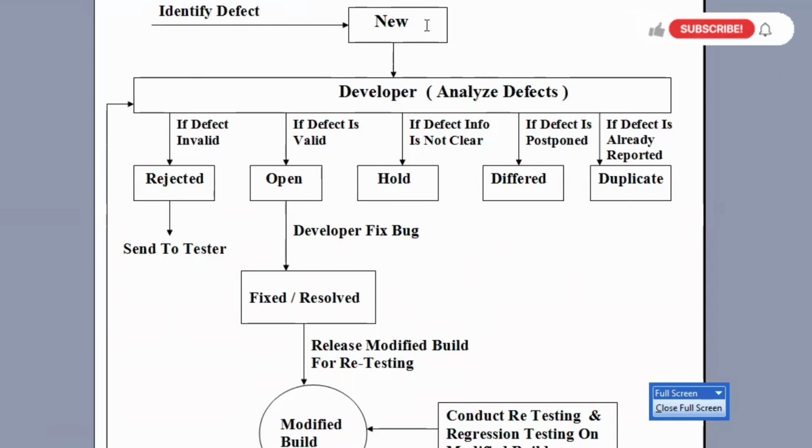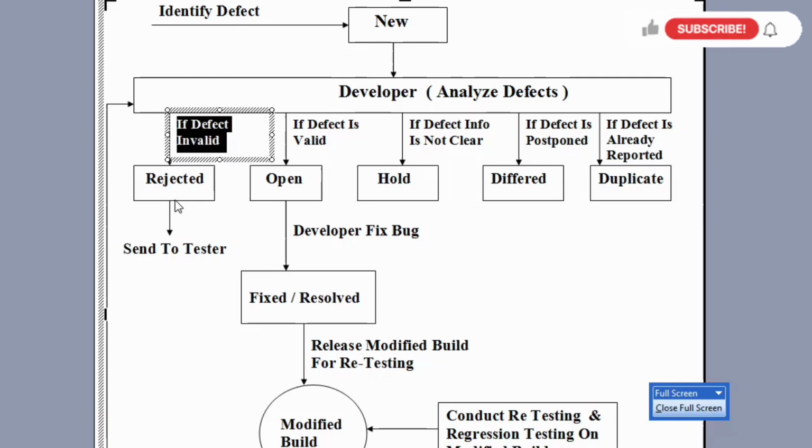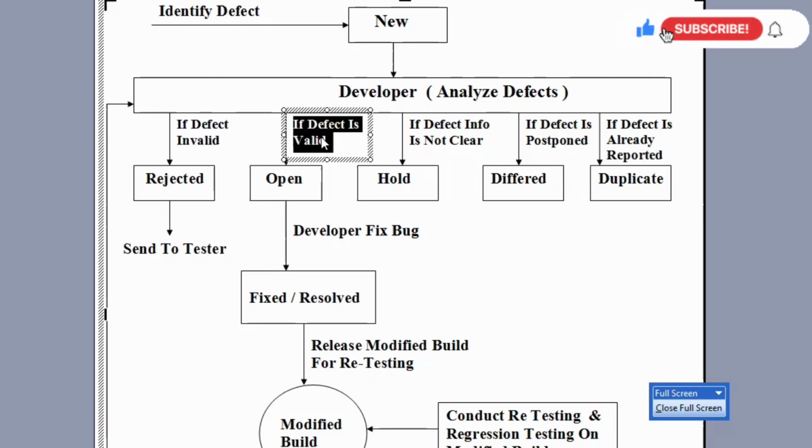So what can the developer do? The developer can reject it, open it, hold it, defer it, or make it a duplicate. If it is an invalid defect, the developer can reject it. If it is valid, the developer will open it. Open means accepting; the developer accepted your defect.